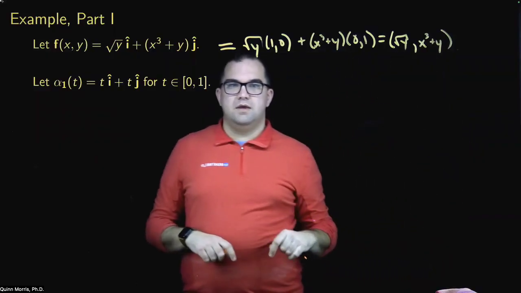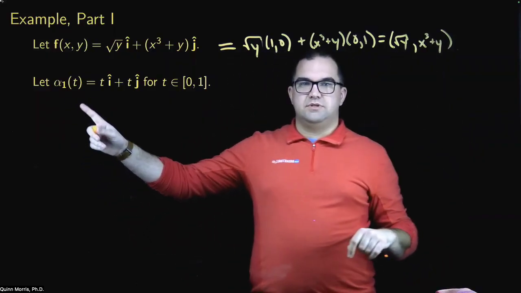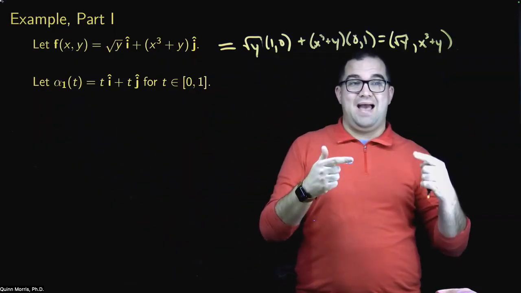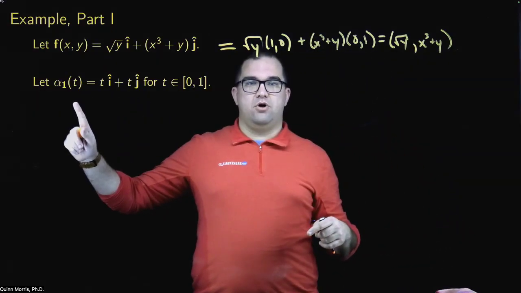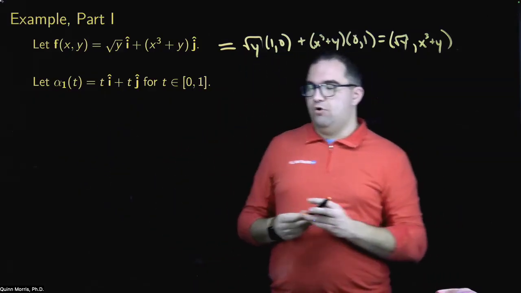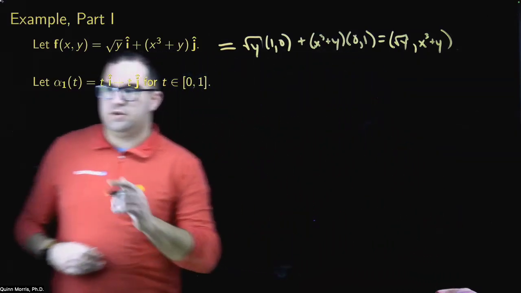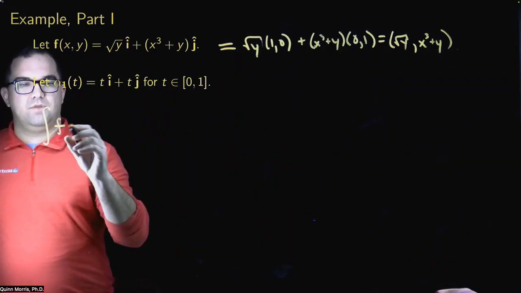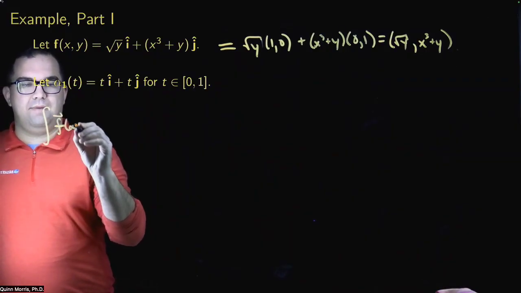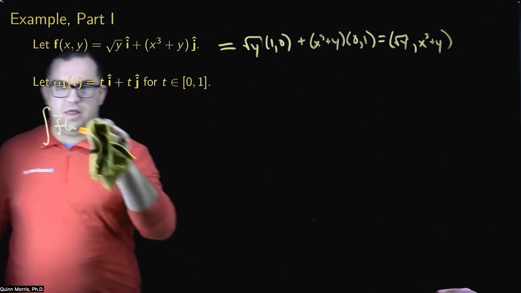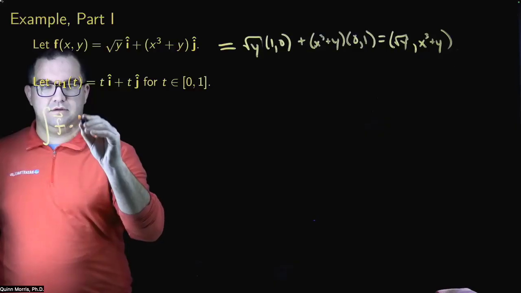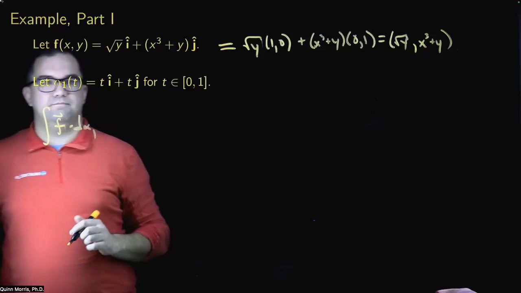Okay. In each part of the example, I'm going to use a different path. I'm going to call this first one alpha 1. My goal for all of these is simply to calculate the line integral of f with respect to that path, so the line integral of f along alpha 1.